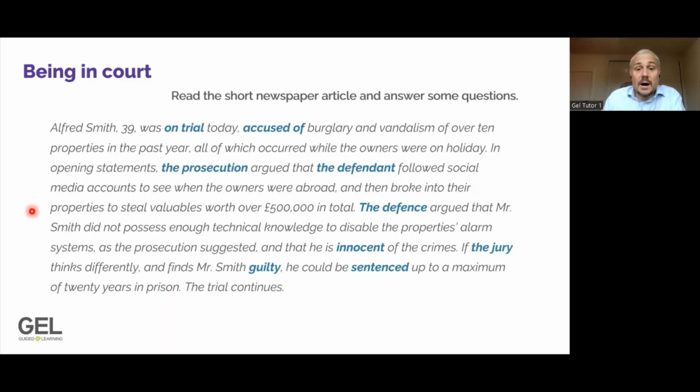The defense argued that Mr. Smith did not possess enough technical knowledge to disable the property's alarm systems, as the prosecution suggested, and that he is innocent of the crimes. If the jury thinks differently and finds Mr. Smith guilty, he could be sentenced up to a maximum of 20 years in prison. The trial continues.